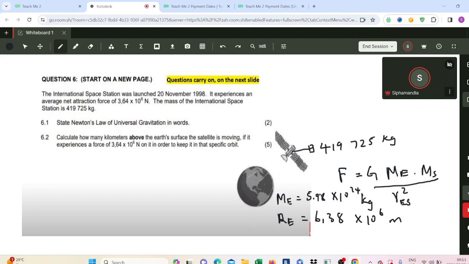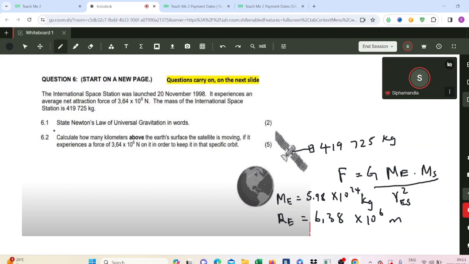These two values you can just take straight from the question paper. You don't even need to memorize them, it will always be given. But it is not given in this question because they are assuming that you know the mass and the radius of the earth.